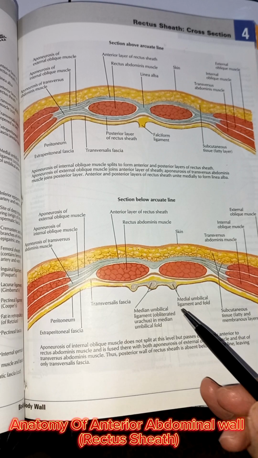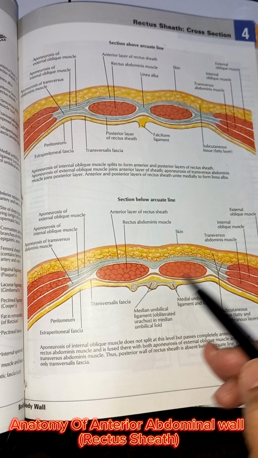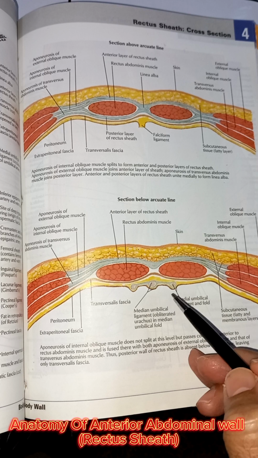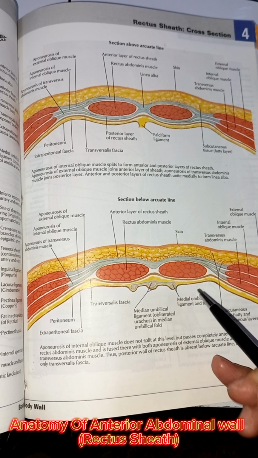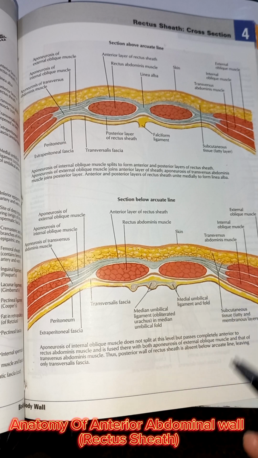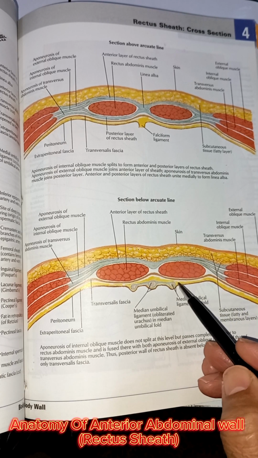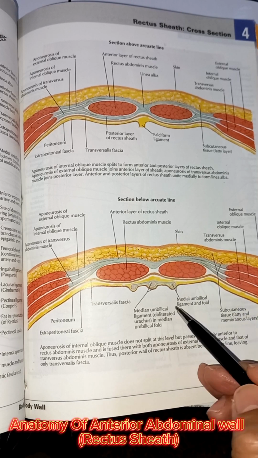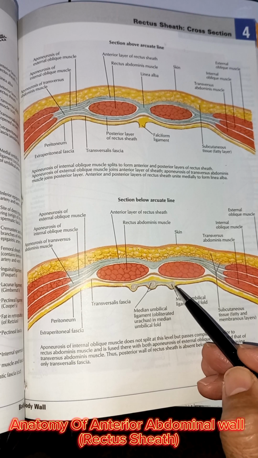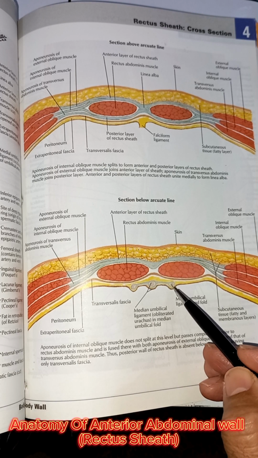And on umbilical level, or below the arcuate line level, how things look from the inner side. This is the medial umbilical ligament or fold, and this is the remnant of obliterated left umbilical artery.